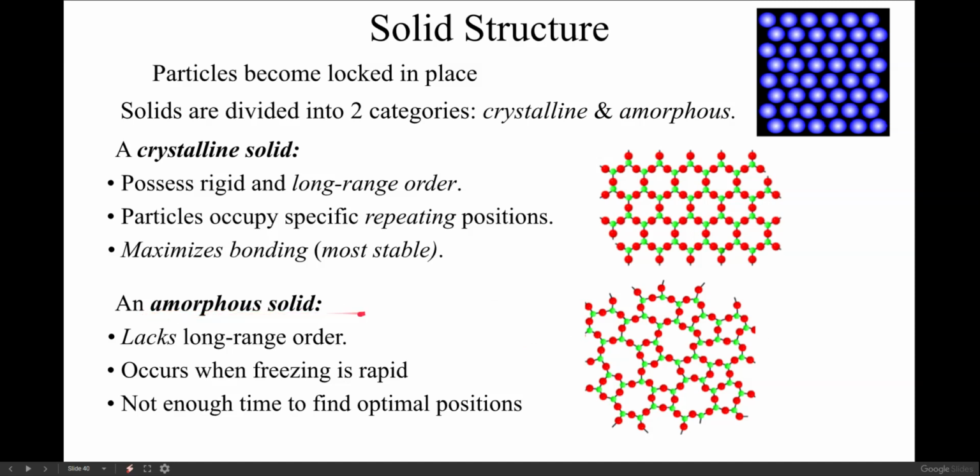That's how you get amorphous solids. It generally occurs when freezing is rapid. You don't give the particles enough time to move around, and they just get stuck. If you quench a liquid, cooling it rapidly past the freezing point, you get an amorphous solid.